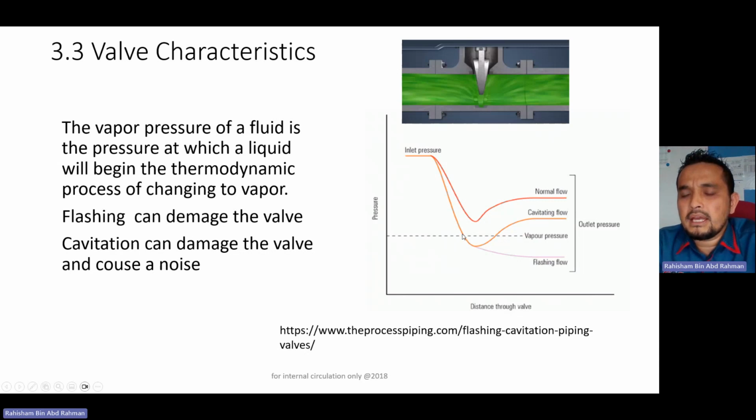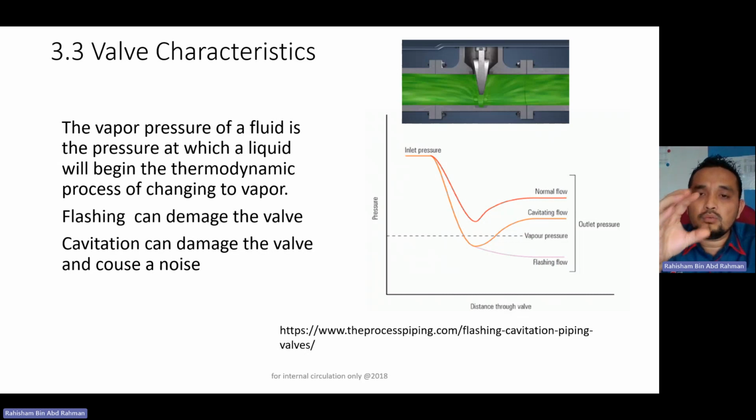And for this one, flashing flow, it goes down and down beyond the vapor line, but it didn't recover, or it never regained the pressure loss. So this is the phenomenon that we call flashing.